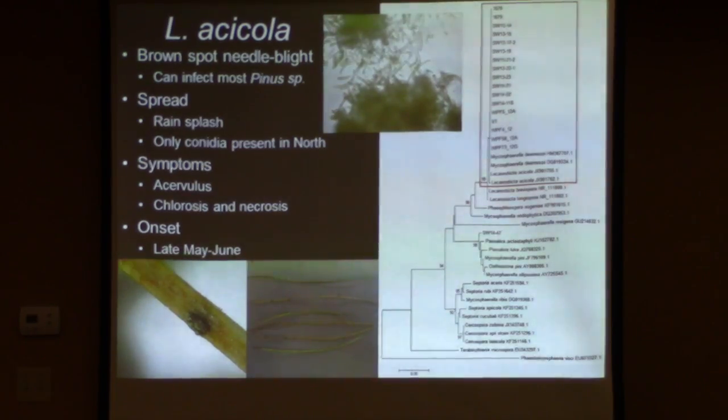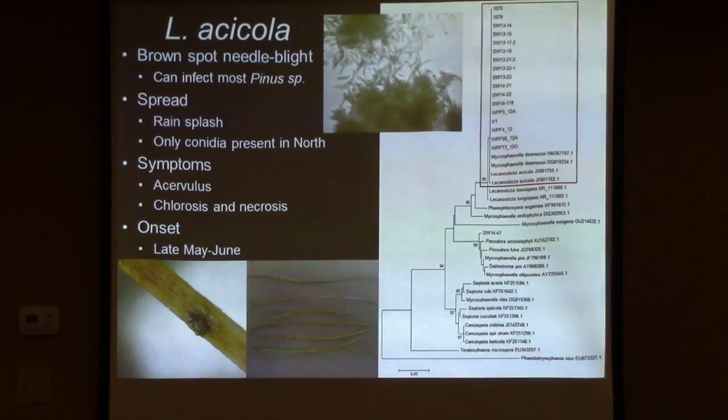So of the 3 theorized key players, our main one is Lecanosticta acicola. It has recently come into the New England area, with the first sighting up in Maine in 2006. But previously it's known as brown spot needle blight, and it can affect many pine species across the whole range. It has previously been known to cause serious defoliation in longleaf pine in the southeastern United States and on Scots pine in the northern Midwest states, but has now come to us.